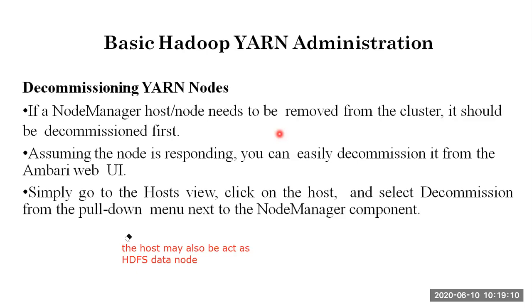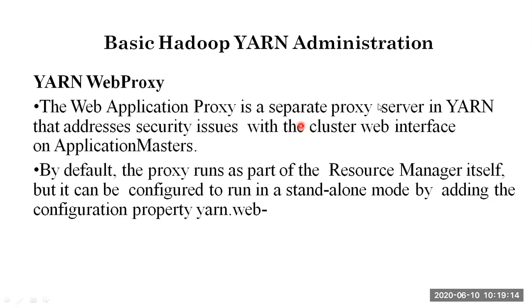And YARN Web Proxy. This is a separate proxy server which addresses the security issues with the cluster web interface on application masters. By default, it runs as a part of the resource manager itself, so you need not have anything separate.